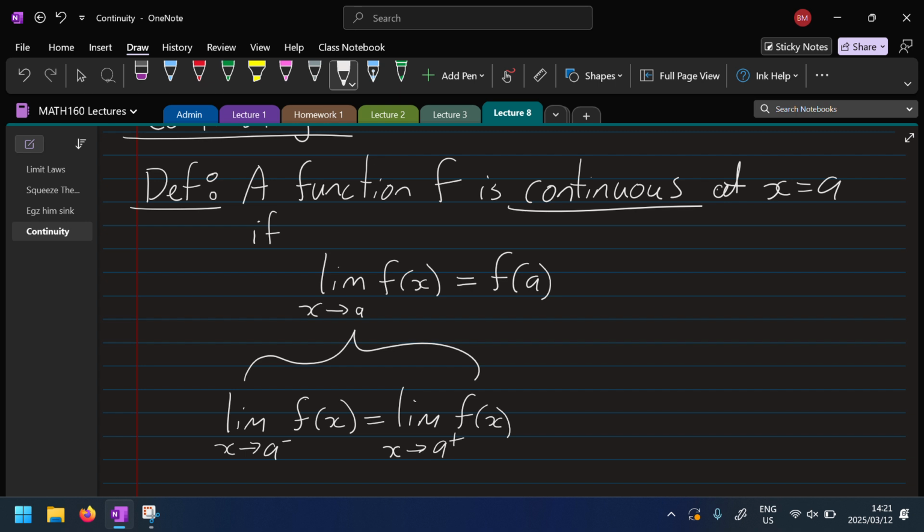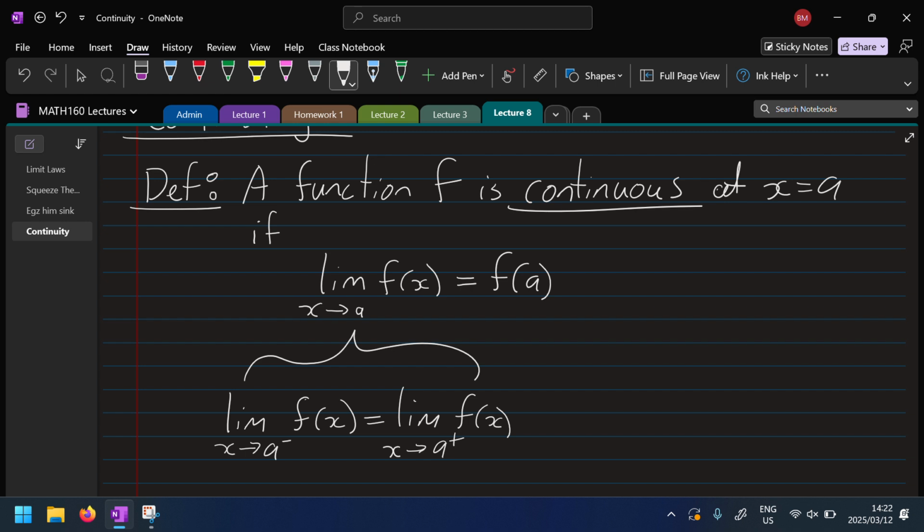So a limit exists if the left limit and the right limit agree. Okay, so please make sure you make notes of that in this definition here. So the left limit must equal the right limit, must equal the function value. There's three things you need to check. Left limit, right limit, function value. If all three agree, then it's continuous.